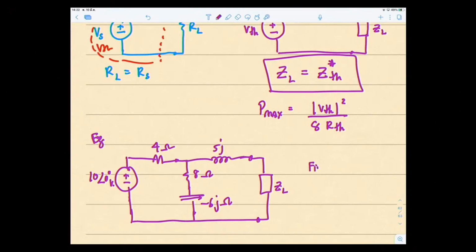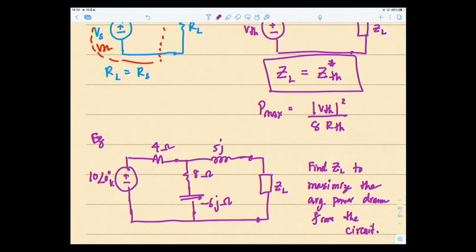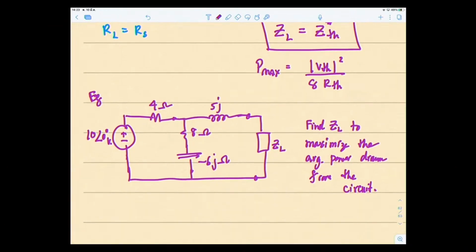So find ZL to maximize the average power drawn from the circuit. So pretty much find ZL so that you get maximum power transfer, and find the maximum power that you will receive.